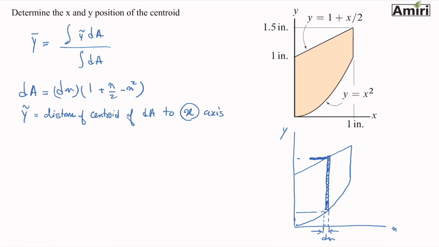What is different here is the distance of centroid of dA to x-axis. Centroid is right here. To x-axis, this is y tilde, which is y1 plus y2 over 2.